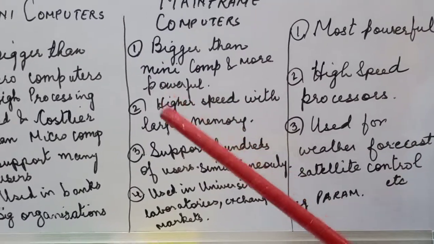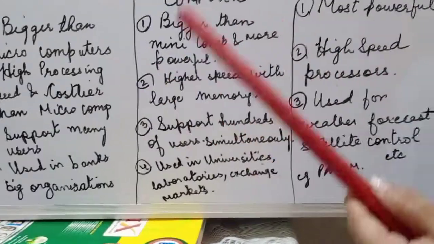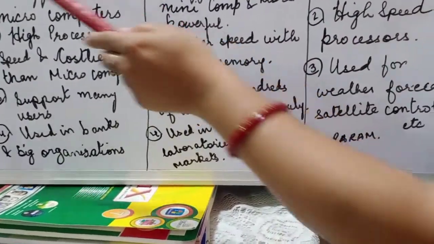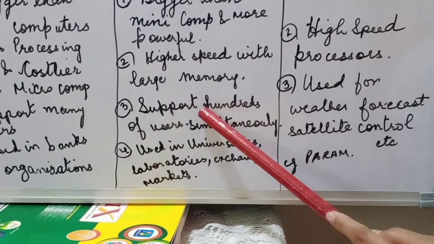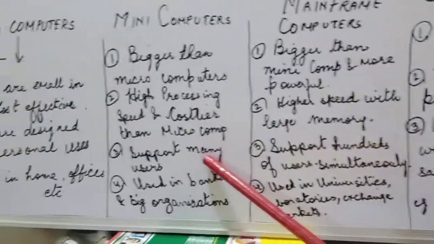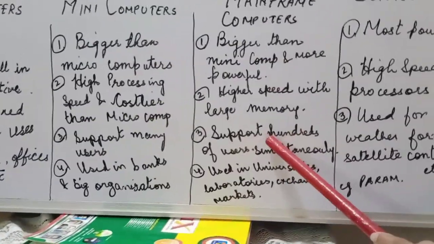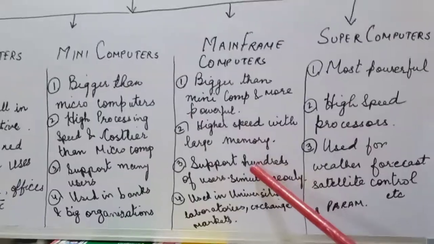The processor has high speed and they have much higher capacity than mini and micro computers. And the third one is they support hundreds of users simultaneously. Same as mini computers, but more users can be accommodated in mainframe computers.